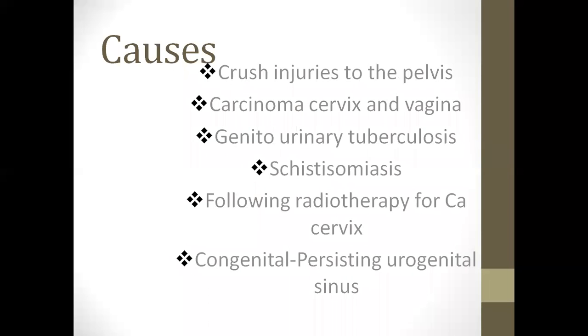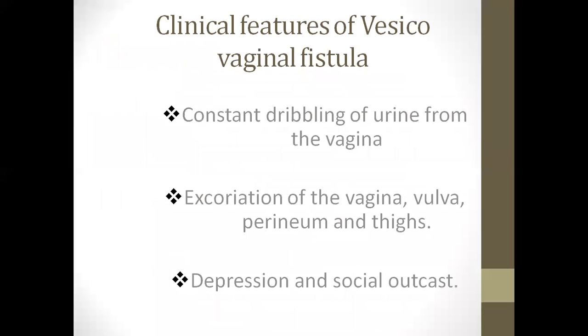Other causes: crush injuries to the pelvis, carcinoma of the vagina, genitourinary tuberculosis, schistosomiasis, then following radiotherapy for cancer cervix. When we give radiotherapy for cancer cervix, it may cause injury either to the bladder or to the ureter. Congenital persistent urogenital sinus is very, very rare.